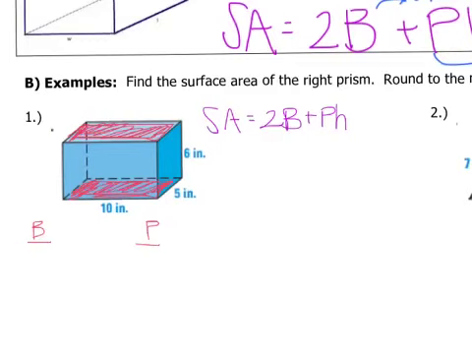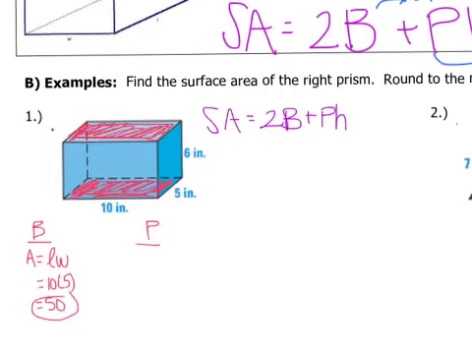What figure is this base? A rectangle. So the area of a rectangle is length times width. What is the length and the width of our base? All right, so 10 times 5, the area of our base is 50.